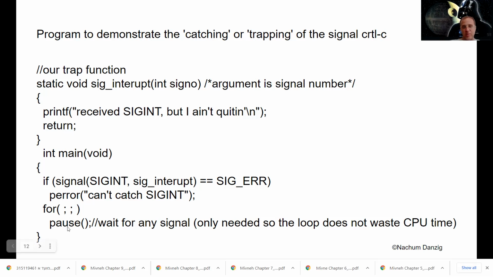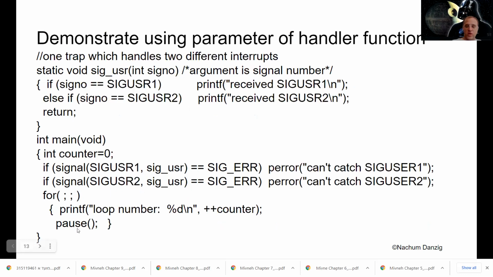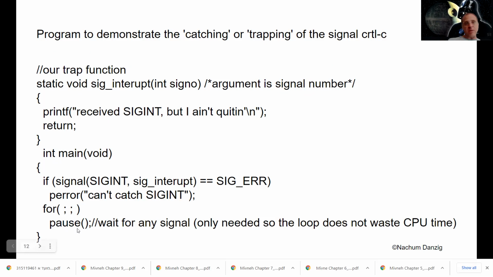This pause already did its job, but the loop will cause the pause to occur again. And again, it'll wait. And again, no matter how many times I press Control C, the program will just say received SIGINT, but ain't quitting. So that would be a way of preventing SIGINT from actually killing the program.